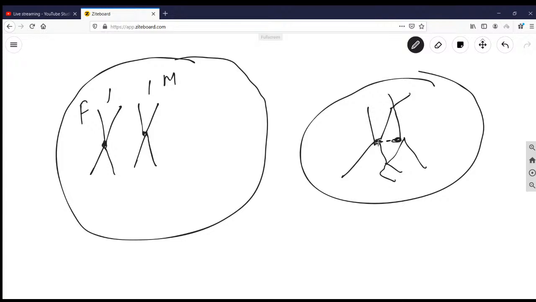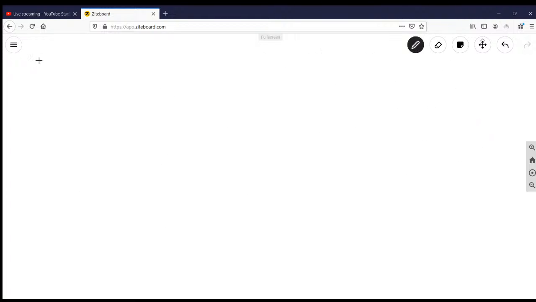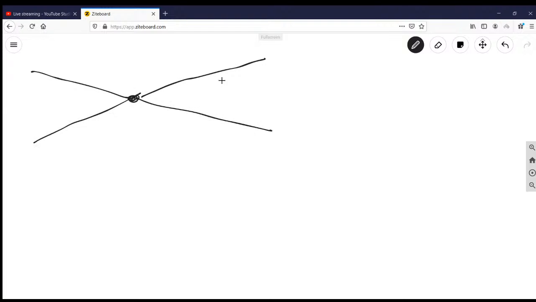What is the meaning? I'll just show it to you. What is the effect of homologous recombination? Because it is happening between the homologous chromosomes. Let's say these are the sister chromatids coming from the father. So I have a gene A here, and it will be duplicated exactly.